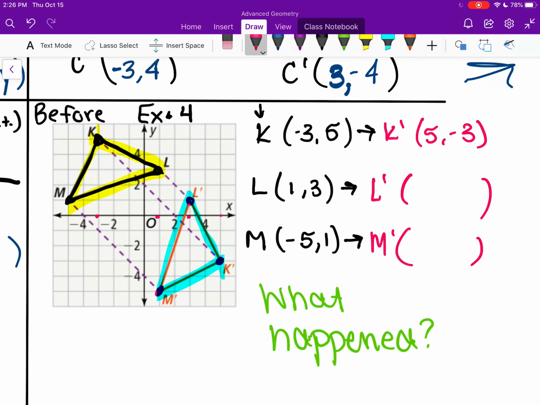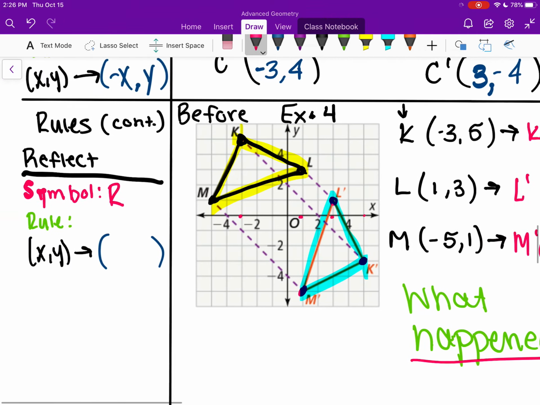L prime is now at x is 3, y is 1. M was at x is negative 5, y is 1. M prime is at x is 1, y is negative 5. Can you find the little trick that happened? The x and the y's were switched.